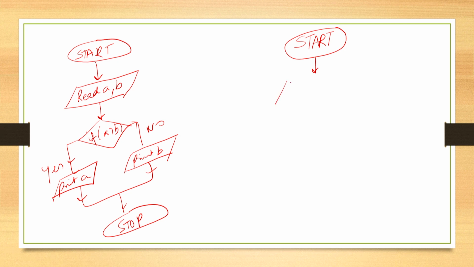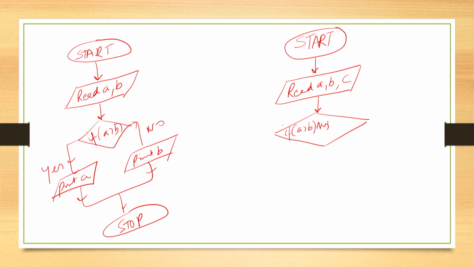So, first you have to read these three numbers A, B and C, then you have to check if A is greater than B and A is greater than C. If both the cases, it may be yes or it may be no. If it is yes, means A is greater than B as well as A is greater than C. So, in that case you have to print what? A, because A is largest.